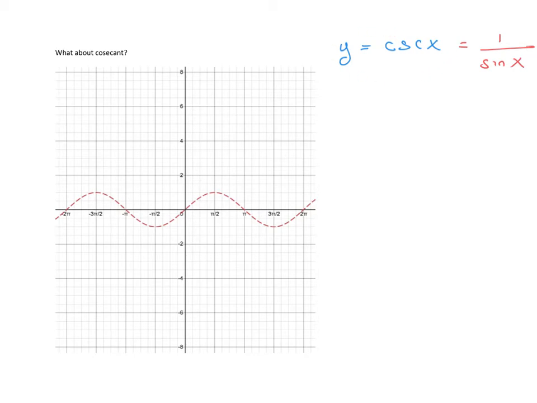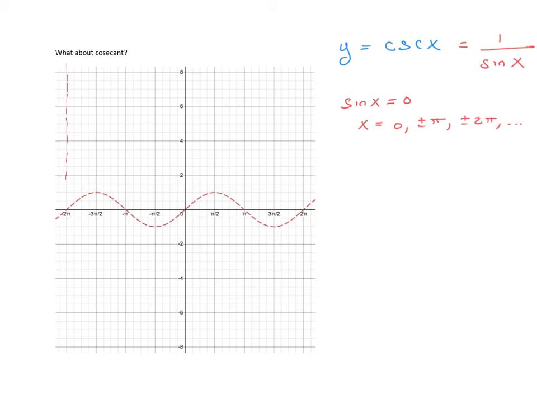And I'm going to start with the domain. For the domain of this function, I don't want sine of x to equal 0. And as we've stated, this occurs at 0, plus or minus pi, plus or minus 2 pi, and so on. And what this means is any place where sine is equal to 0, I can draw in a vertical asymptote. So I'm going to go ahead and do that.